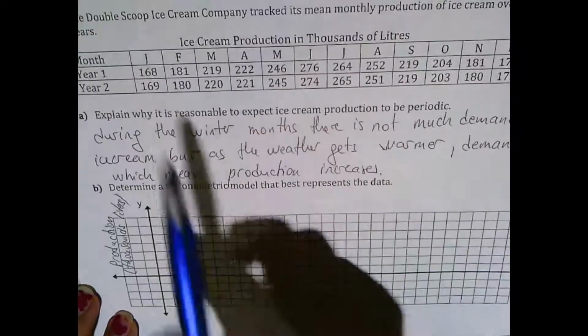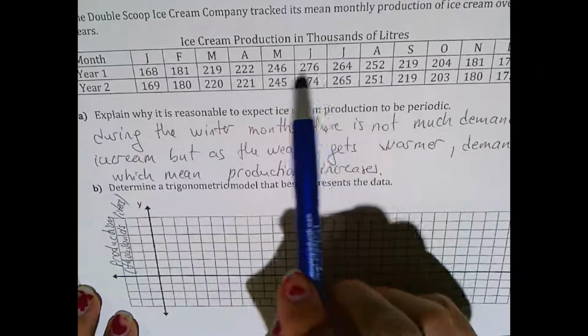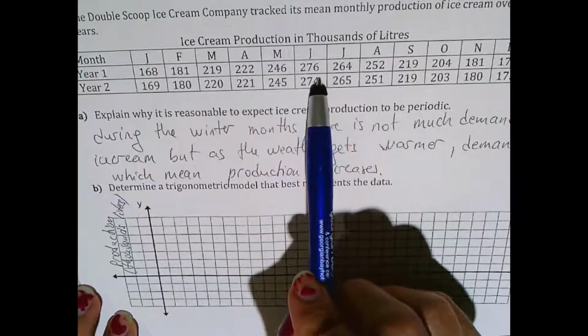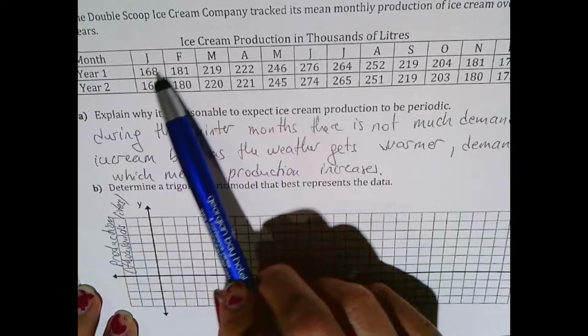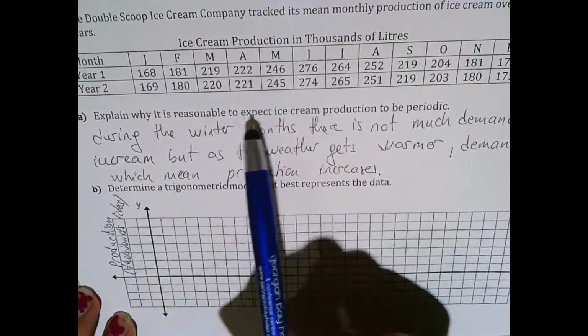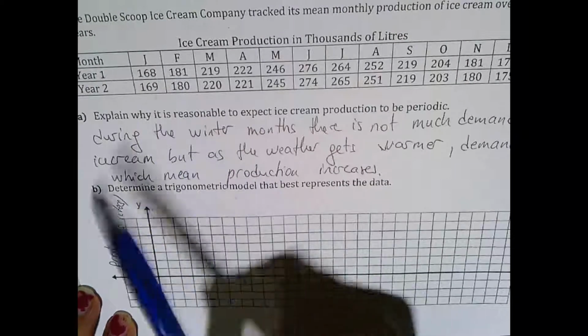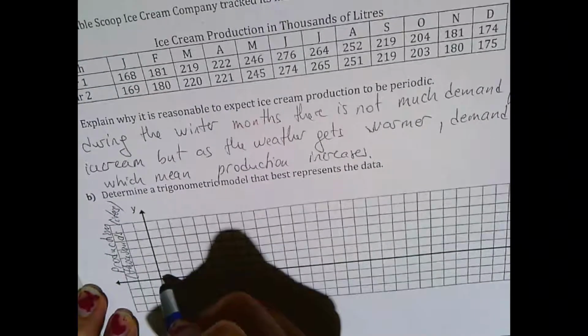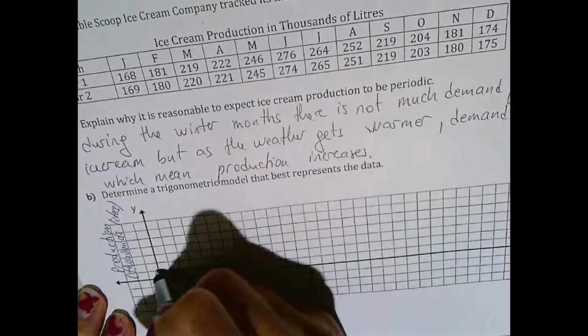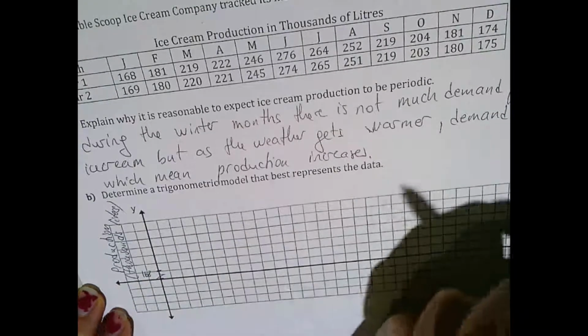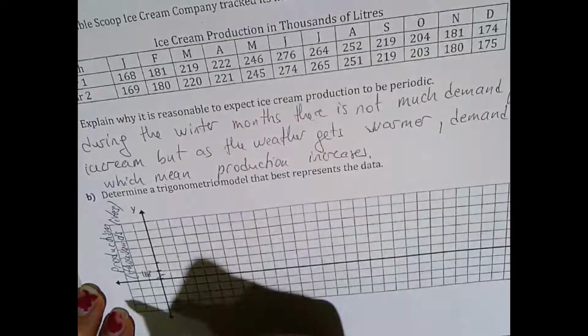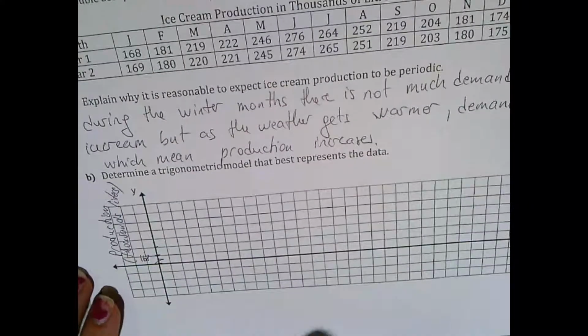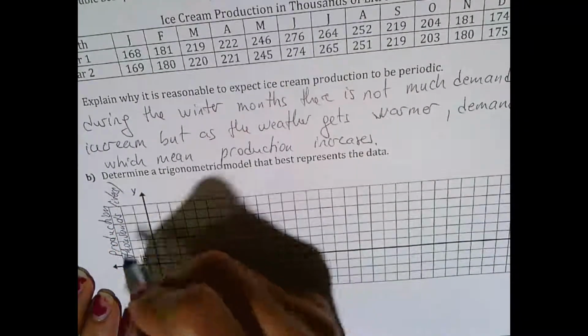I see here that the maximum is 276 and the minimum looks like 168. So I'm going to take these two numbers. I'm going to break the axis here and start at 168, and go every square 20 units, 20,000 liters.